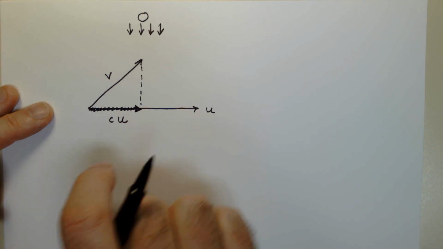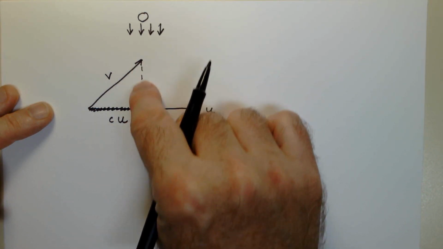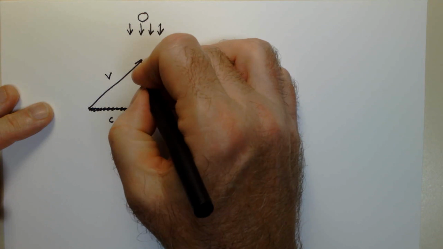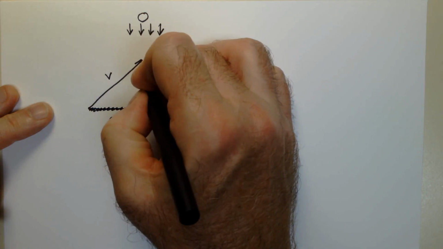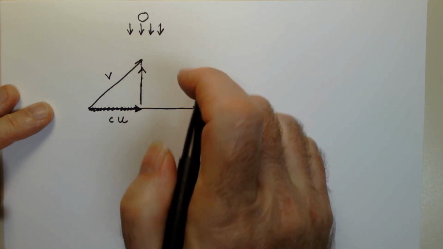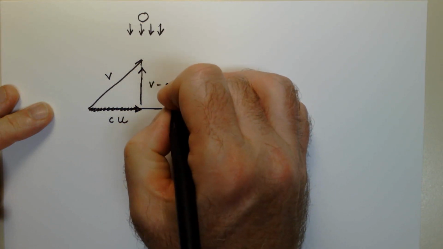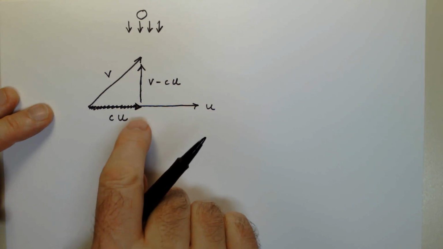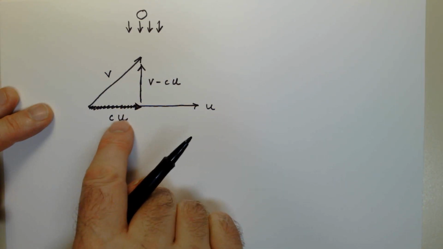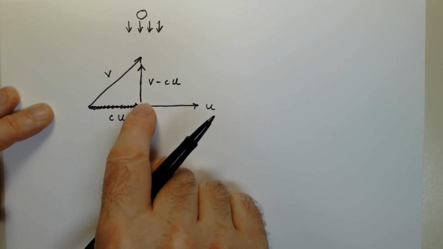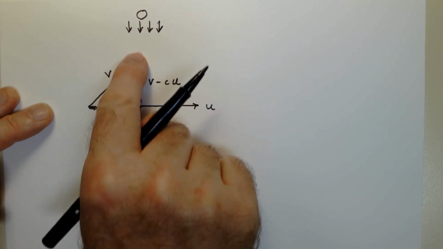Well, the key insight is that this residual vector, I'm going to put it in here, in this direction, is going to be v minus cu. And it has to satisfy the property that it's at a right angle to the vector u, right? This is going to form a right angle because the sun is directly overhead.